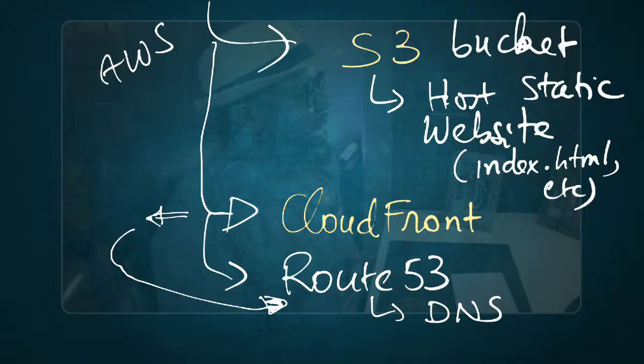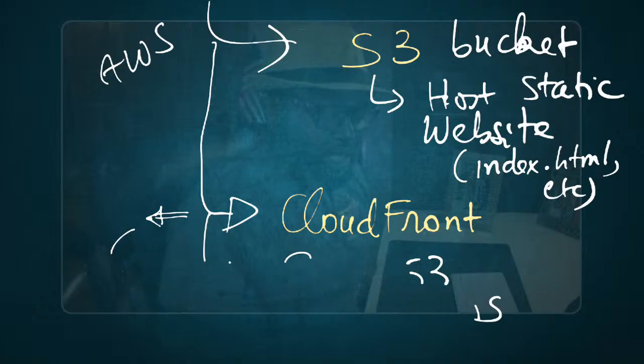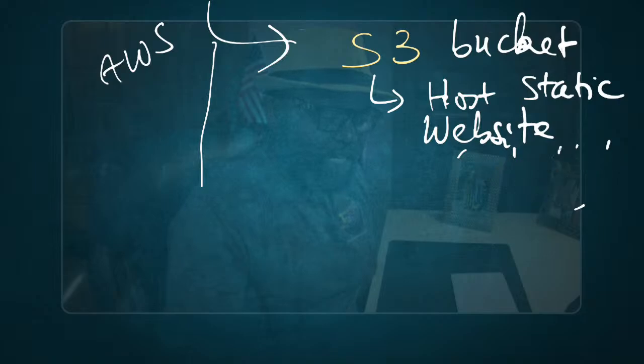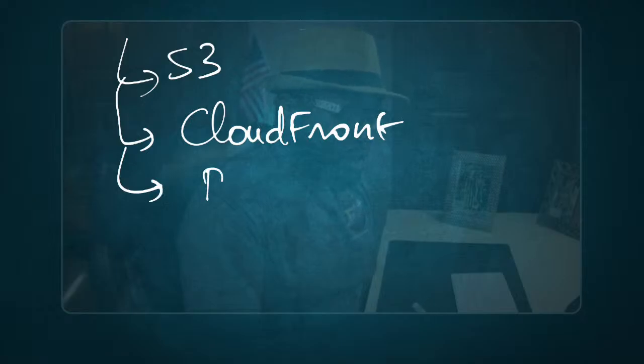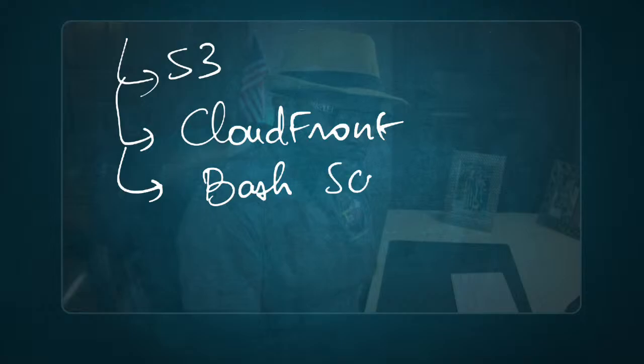When you take a look at that, you're going to see that we have 4 technologies, or 4 things, that we're using for this approach to blue-green deployment. Those are the ones that I just mentioned. As I said, in addition to the S3 bucket and CloudFront, we will also have Bash scripting.